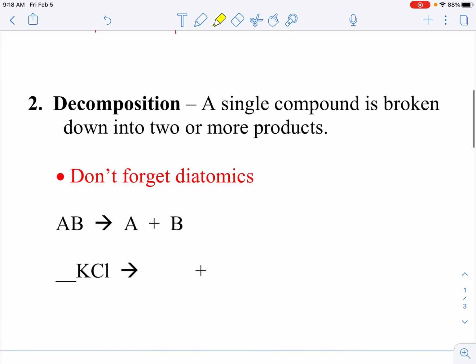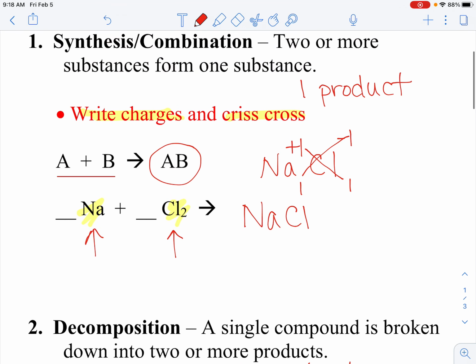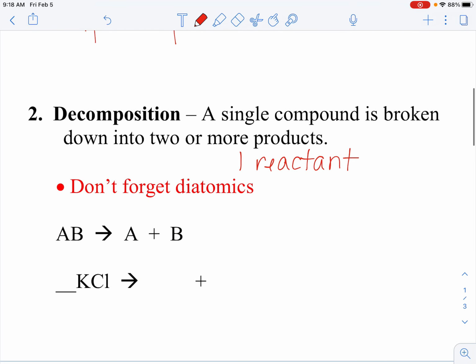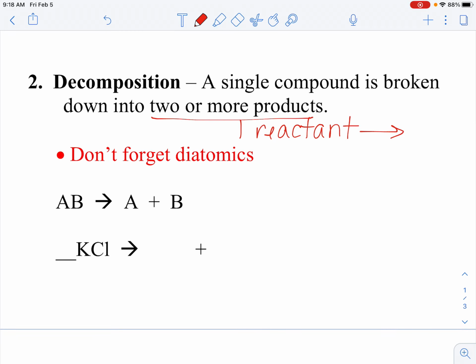Okay, in a decomposition reaction, what identifies it is you have one single reactant. It's the opposite of synthesis where you had one final product on the right side of the arrow. This time, you have one reactant on the left side of the arrow, and it's broken down into 2 or more products, okay?